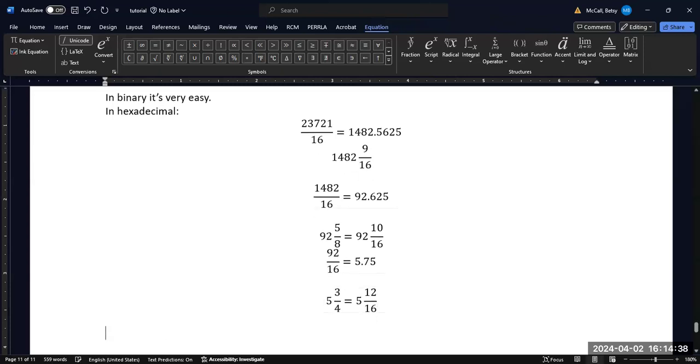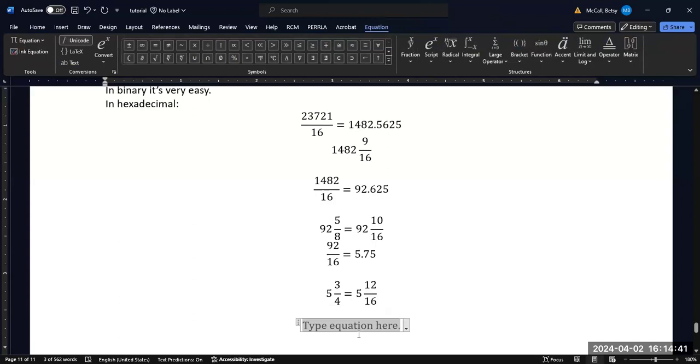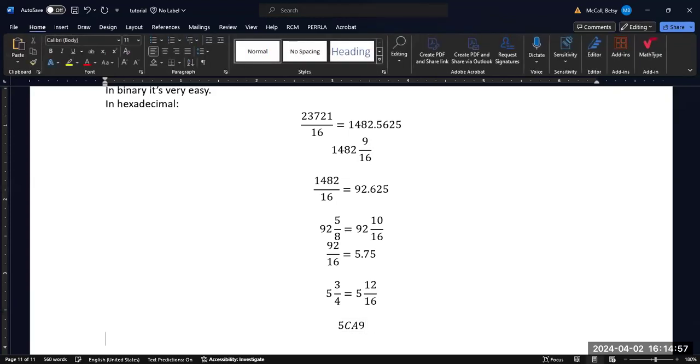And so now my digits are going to be 5. Now 12, remember, A is 10, B is 11, C is 12. And then if I go back, 10 was my remainder. So A is 10. And then my first remainder was 9. And again, I get the same number that I got before.